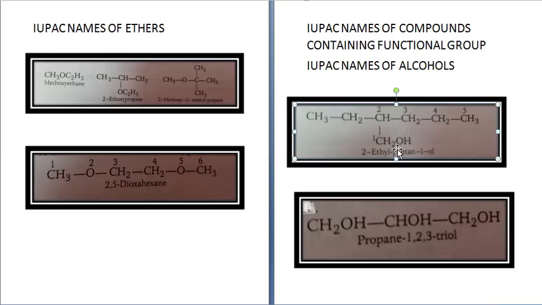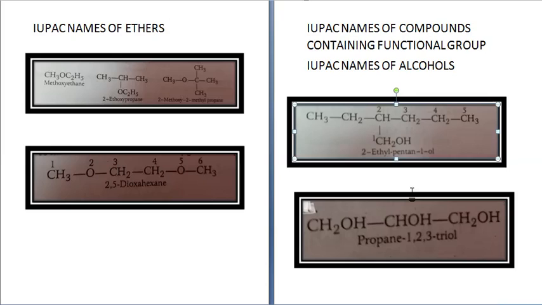So the atoms are 1, 2, 3, 4, 5 and 6. This is 2,5-dioxahexane. Okay, the parent is 6, so hexane, and the second and the fifth positions have been substituted by oxygen.